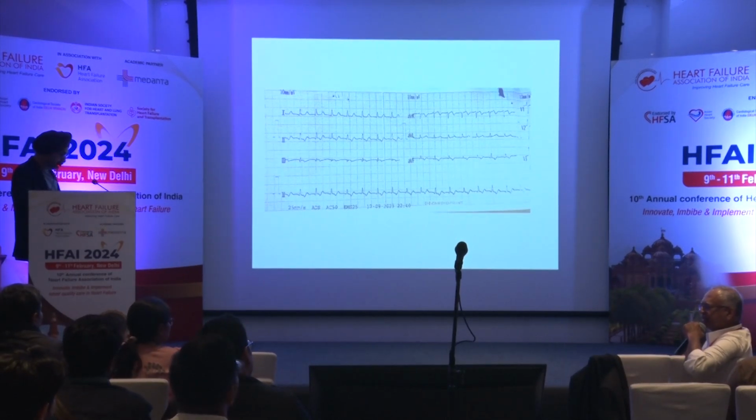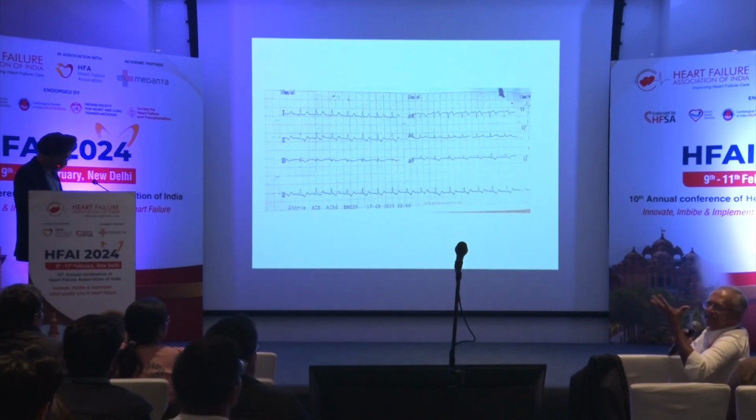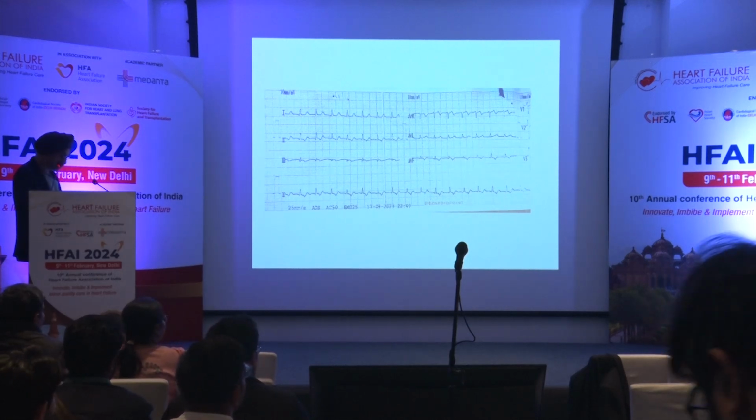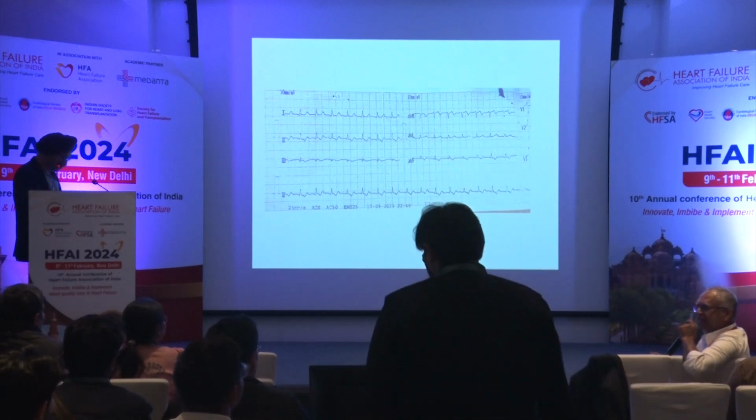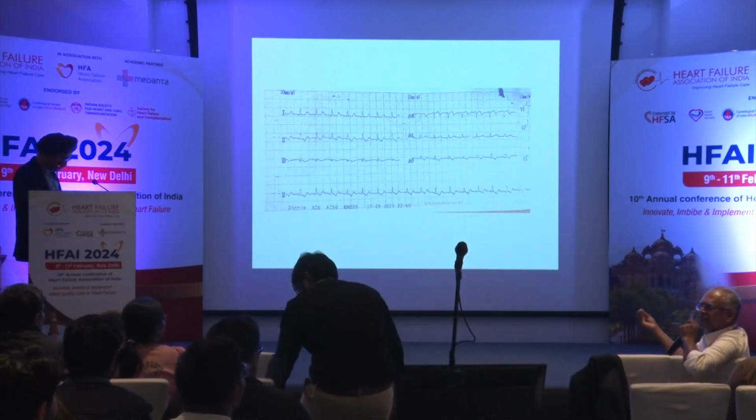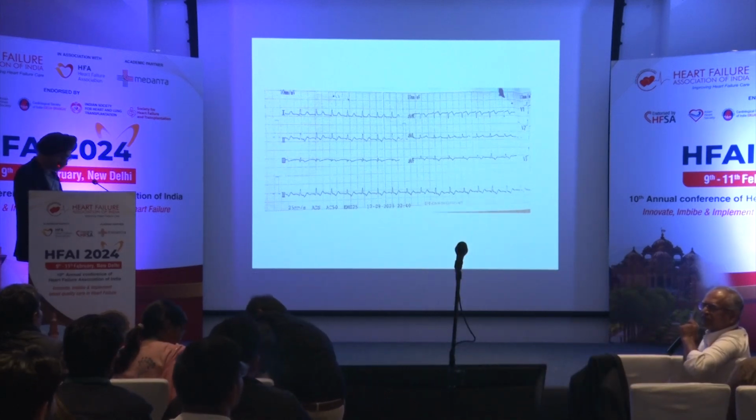The P wave is starting from the base and going towards the sinus node. So it's going from the AV node to the sinus node, and it's somewhere coming from the midline. That's why the two atria are simultaneously getting activated. The P wave becomes narrow. So the structure there is either the coronary sinus or a slow pathway. It's an atrial tachycardia coming from the os of the coronary sinus, or that is where the slow pathway is located.